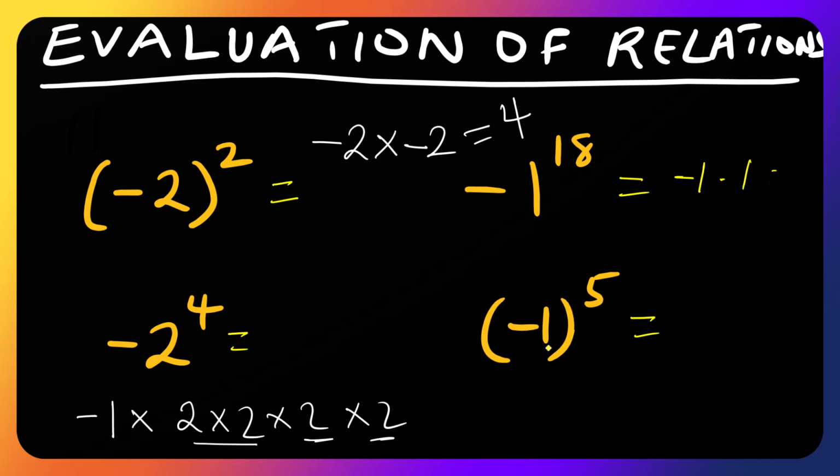But this side is odd, so it will be minus 1 times minus 1 times minus 1, 5 times. So if there's a bracket here, you can make good use of the odd and the even. This side is odd, so it will be negative if there's a bracket here. Okay, so let's conclude.